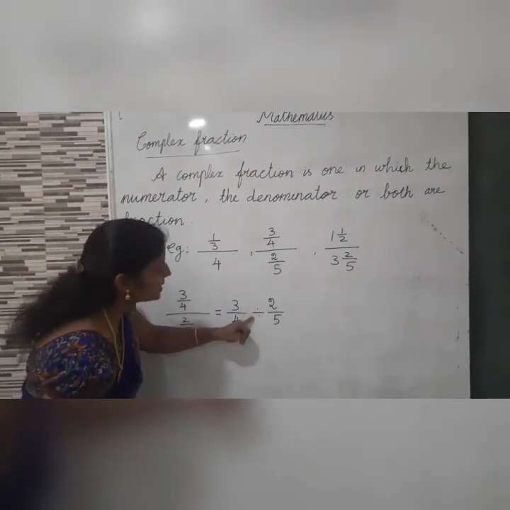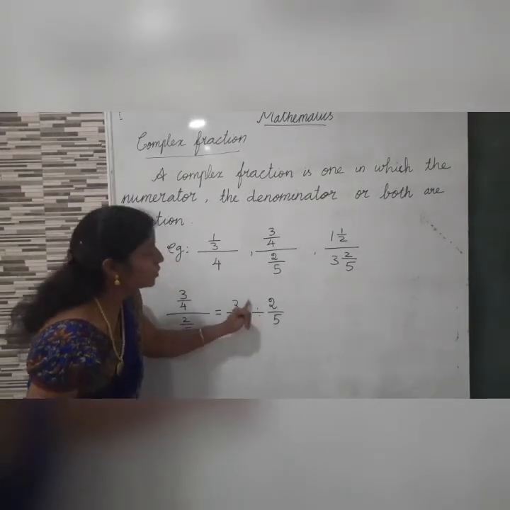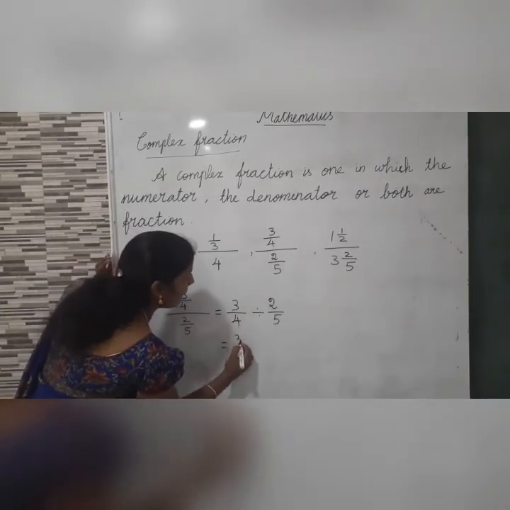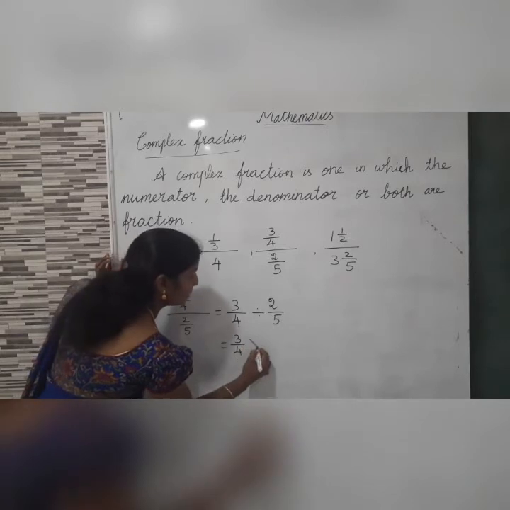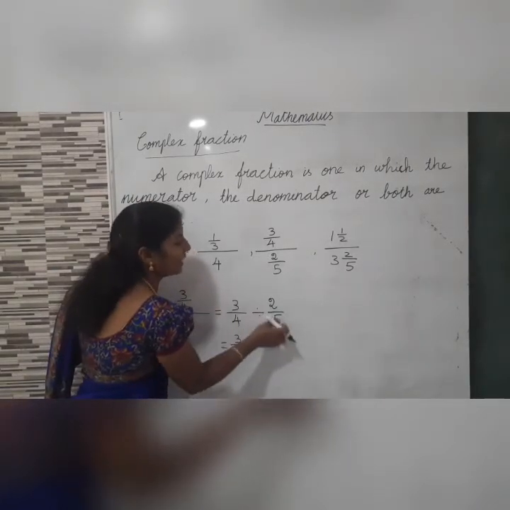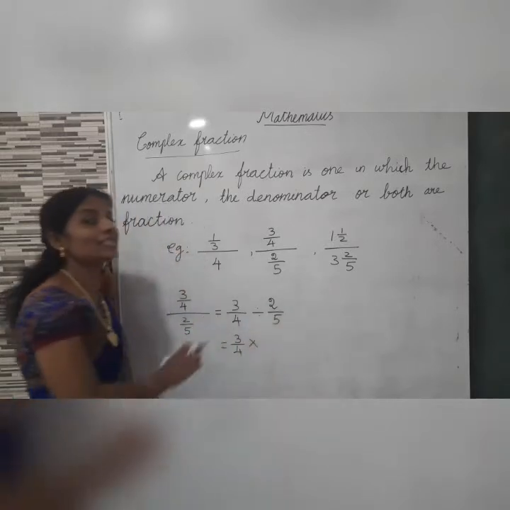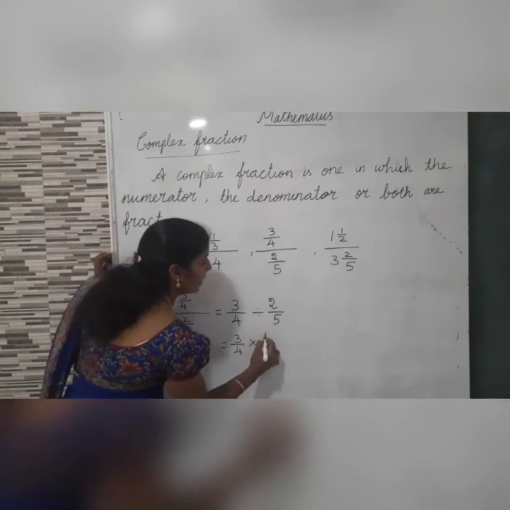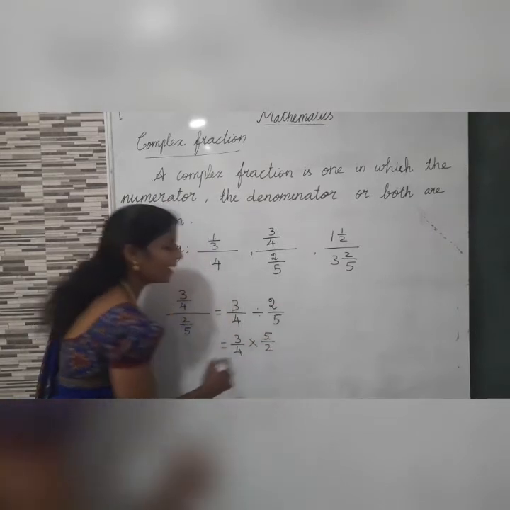Now we change the division into a multiplication symbol: 3 by 4 into the reciprocal. What's the reciprocal of 2 by 5? 5 by 2.